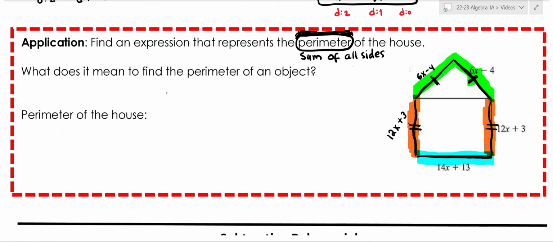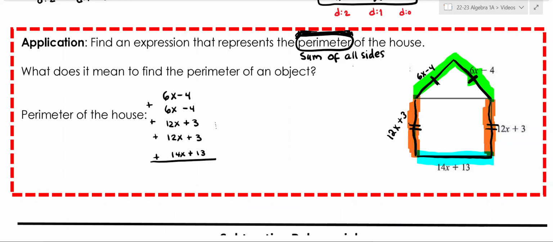I'm just going to start over here. 6x minus 4 plus the 6x minus 4 again, right? Plus the 12x plus 3. And then the 12x plus 3 again. And the 14x plus 13.